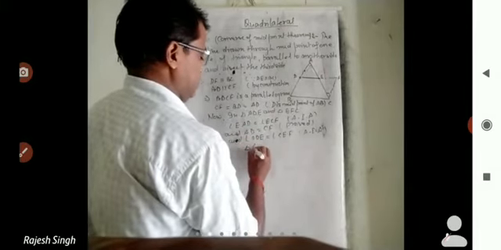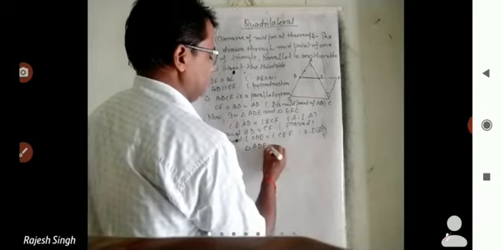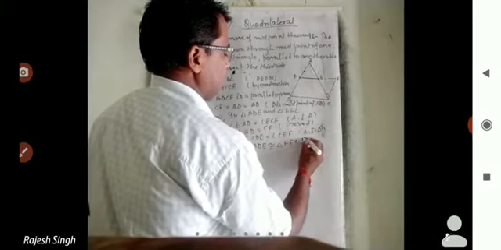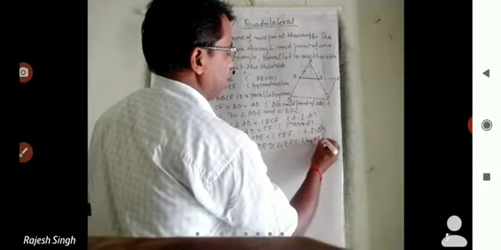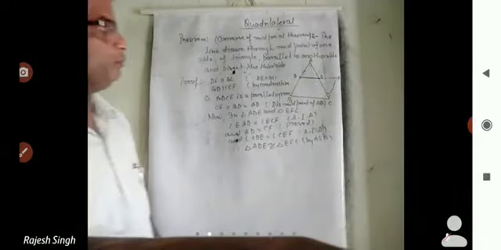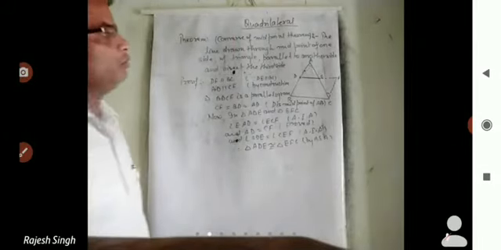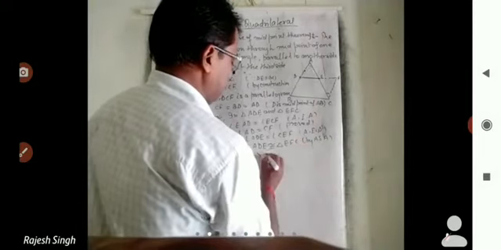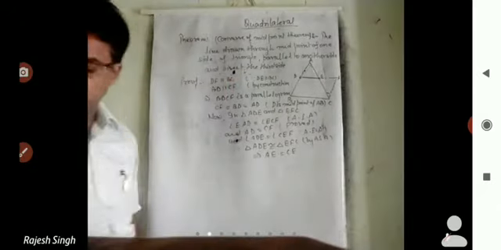These two triangles, ADE and EFC, are congruent by angle side angle. So AE is equal to CE by CPCT.